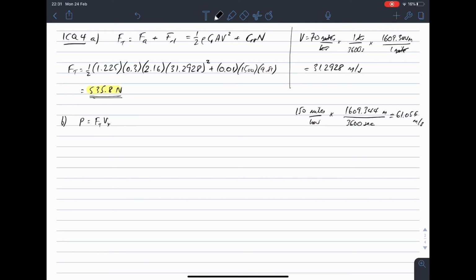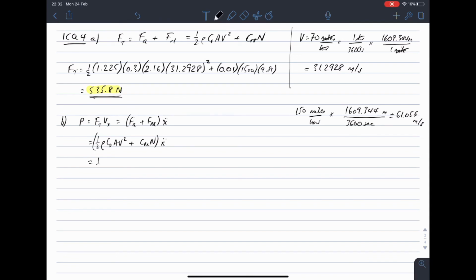Now the tractive force required is going to be equal to the resistive forces being applied. So we've got the aerodynamic force and the force due to rolling resistance, FRR or FRL, times by the velocity. So we get 1/2 rho CD A V squared plus CRR times by the normal force, multiplied by our velocity term.